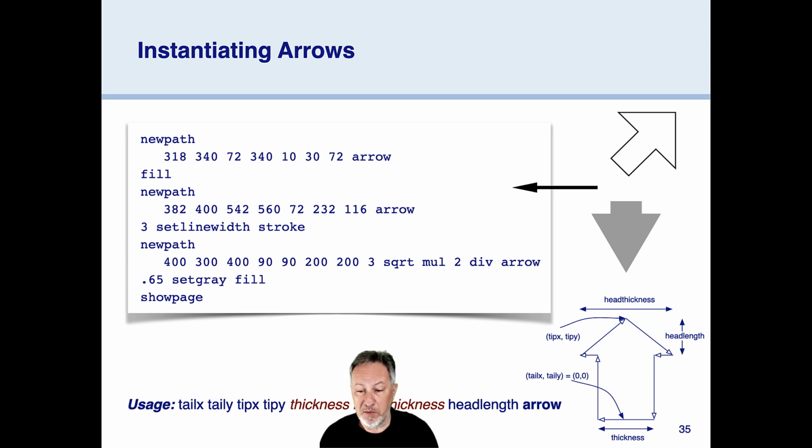As a concluding remark, here we've seen that the dictionary stack is very powerful. Every time we draw an arrow, we push this arrow dictionary onto the dictionary stack. All of these variable names that we've seen are temporarily available, but when we're finished with the arrow procedure, the dictionary is popped and our namespace is no longer polluted with all of these variables.